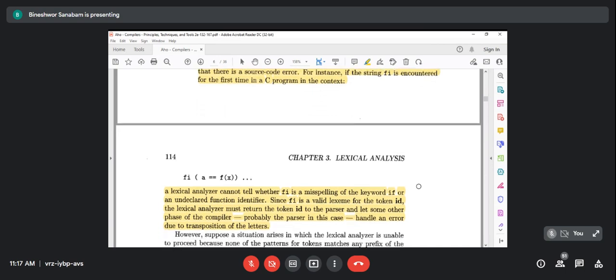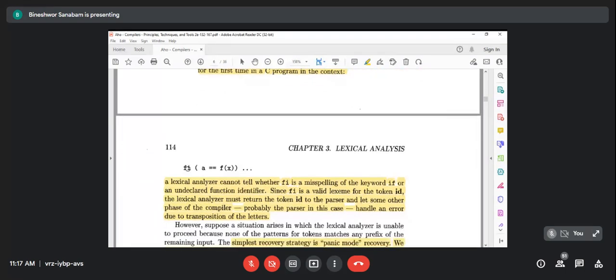So for example, if we find this line of code fi, when the lexical analyzer finds this fi, it gets confused whether this is an identifier or a misspelling of the if statement. Okay, so when the lexical analyzer just looks at this statement, it is difficult to conclude whether this is an identifier or a misspelling of the if statement.